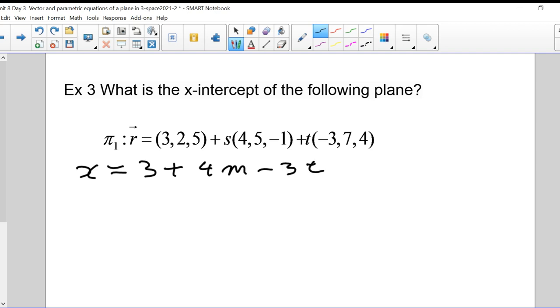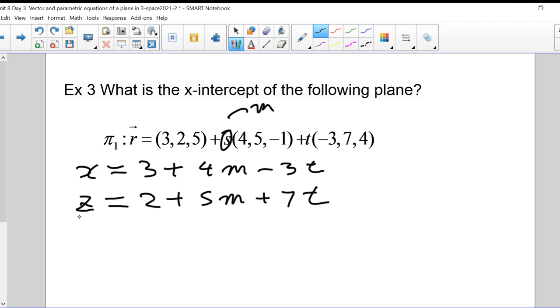And my Z, of course, I'm just putting in the parametric form, would be equal to 2 plus 5M plus 7T. I just call this thing M instead of S. And that's my Y actually.